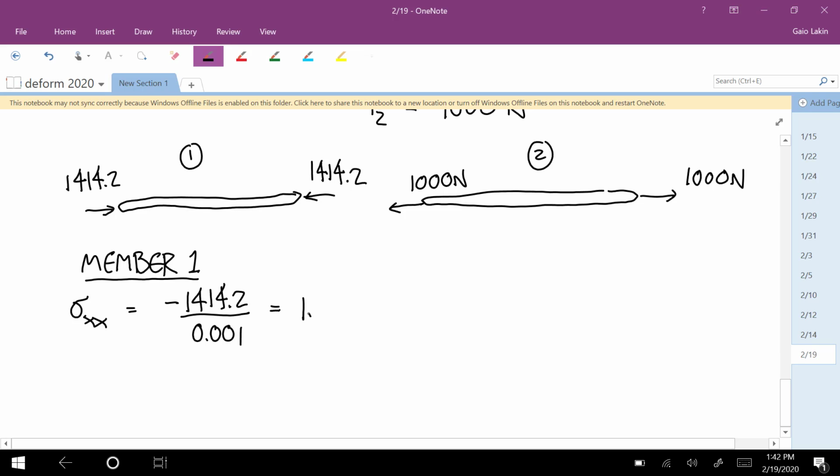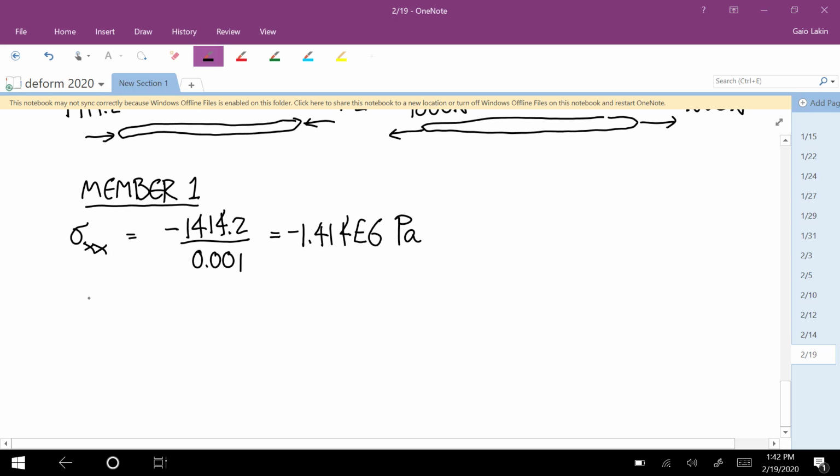And so that is negative 1.414 times 10 to the 6. And so the stress tensor has that in the x position and zeros everywhere else.